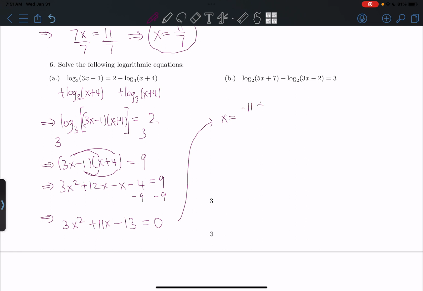Negative 11 plus or minus square root of 11 squared minus 4 a and c, which is negative 13. All over 2a.